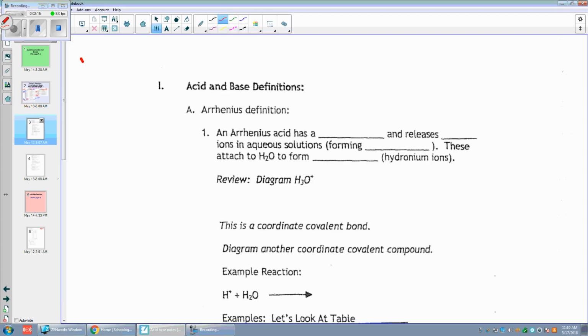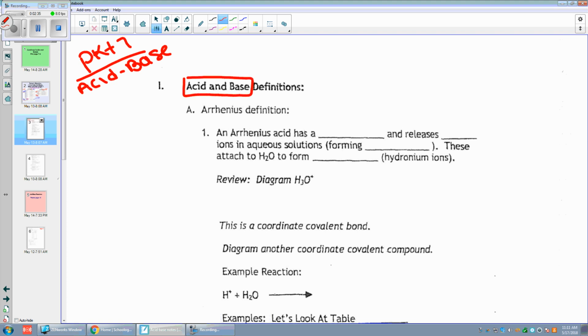Okay, so we are on our packet, page 7. This is in the new acid-base section of your packet, so you can flip to the tab. And at first, we want to start out with our acid-base definitions.